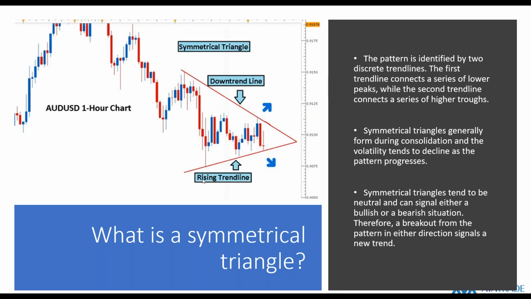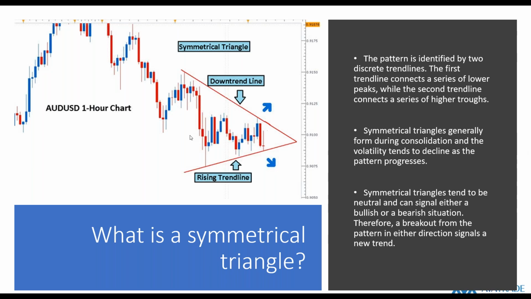So again, the symmetrical triangle is identified by two discrete trend lines. The first trend line connects a series of lower peaks, while the second trend line connects a series of higher troughs. Symmetrical triangles are generally formed during consolidation, and the volatility tends to decline. Now, this is what we're looking for in all triangles.